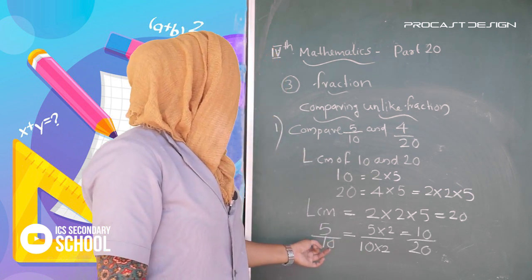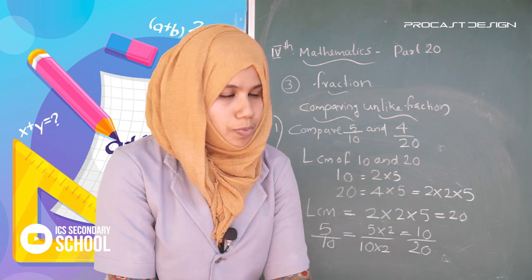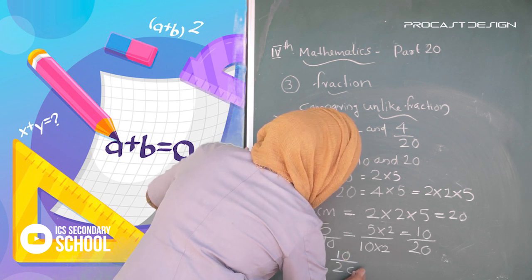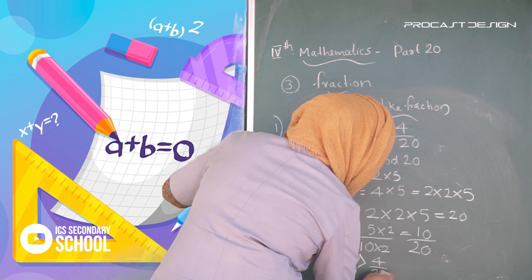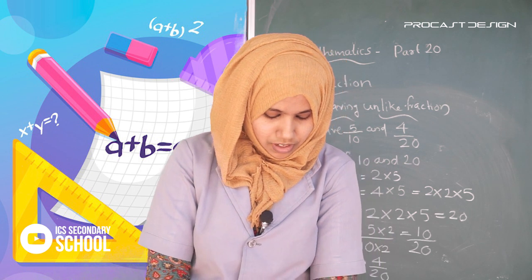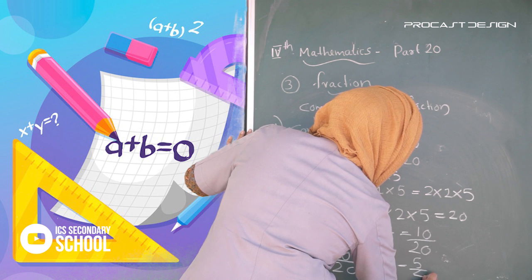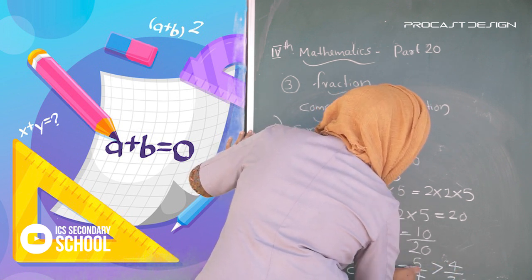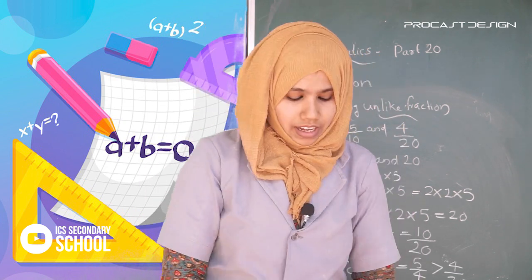If we multiply the denominator by 2, we also multiply the numerator by the same number. So 10 by 20. Now 10 by 20 and 4 by 20, which is greatest? Yes, 10 by 20 is greatest. So 5 by 10 is greater than 4 by 20. This is the method of comparing unlike fractions.